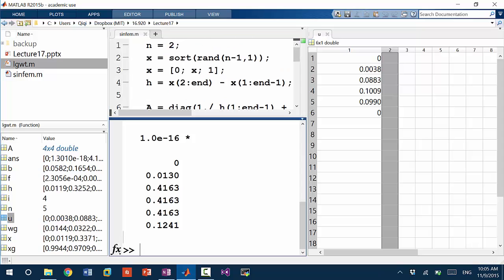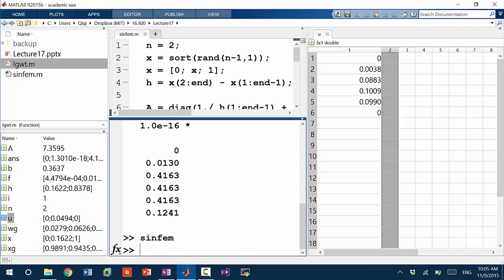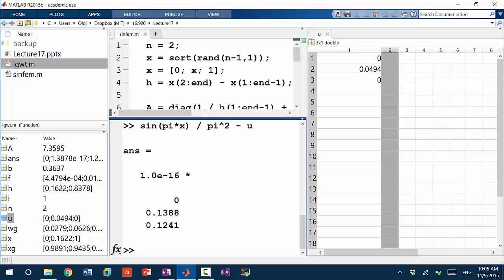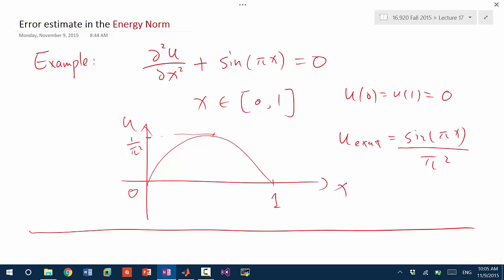Just 2 elements, okay? Let's run it again and look at the error again. 10 to the minus 16. Okay, with this motivation, with this question in mind, let's take a look at the error estimate, and this is going to reveal to you why we are getting so little error.